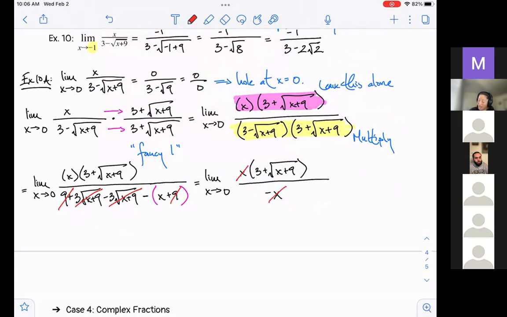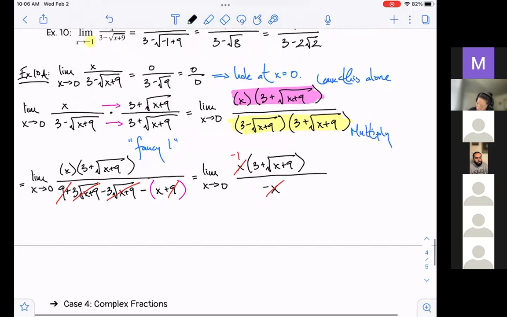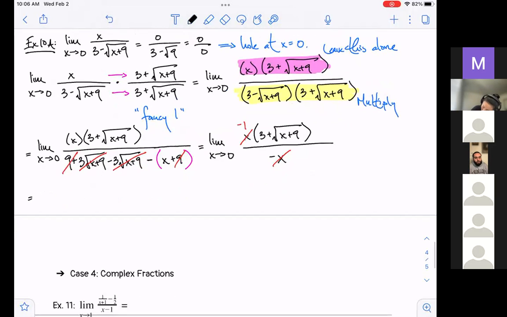When I have the same thing but a different sign in front of it, it reduces to -1. Okay. And so what do we have? Let's start a new line. We've got the limit as x approaches 0 of -1 times 3 plus square root of x plus 9.